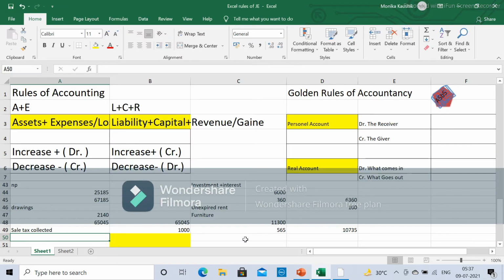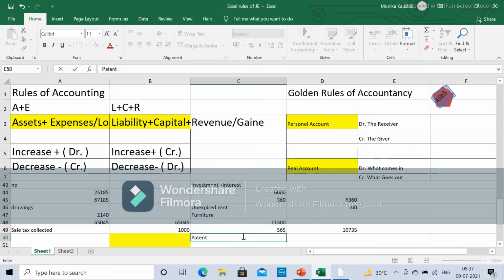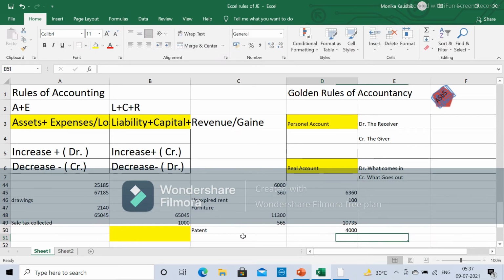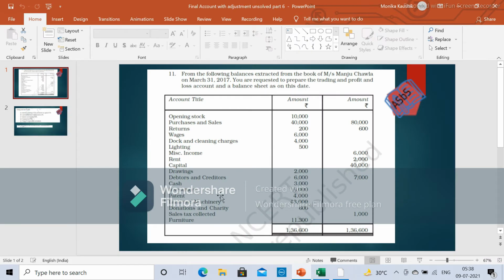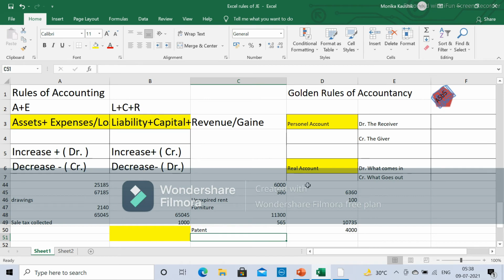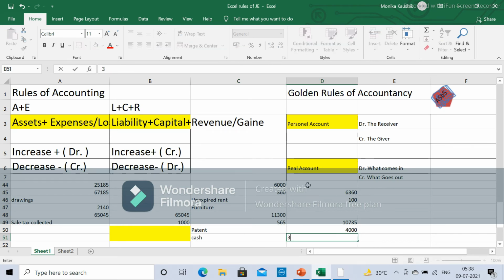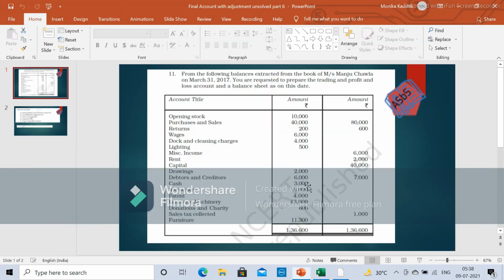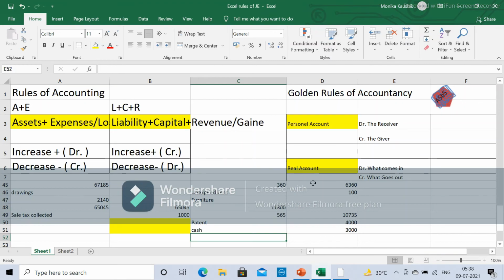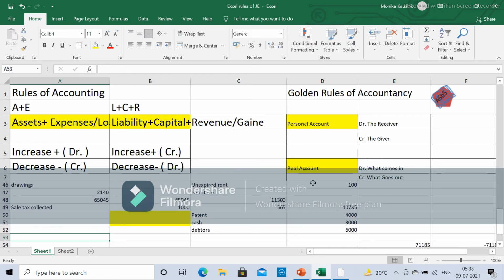Patent 4,000 rupees, that's an asset. Investment we have covered. Cash is 3,000. Debtors and creditors. So here debtors will be the debit part, that is 6,000 rupees, and the creditors will be 7,000 rupees here.